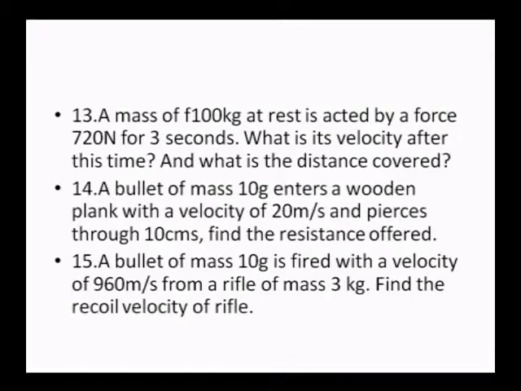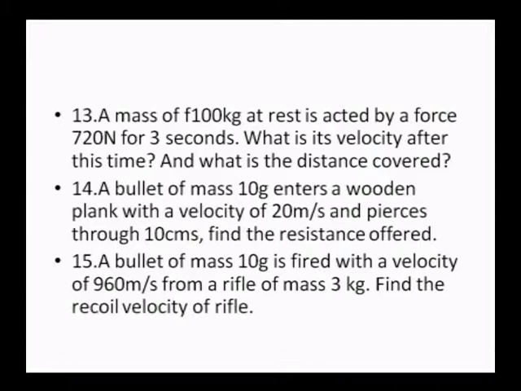Here, two items we are going to make use of. One is the bullet, another one is the rifle. In the previous problem, only the information regarding the bullet was given. Here, the bullet and rifle information both are given. So, you have to make two items.